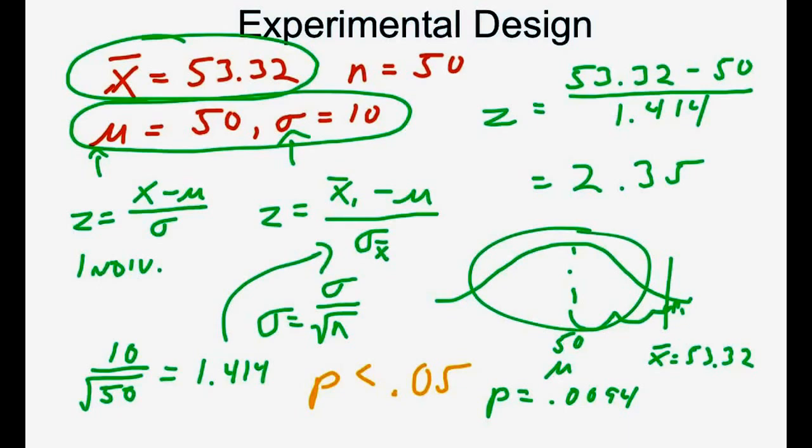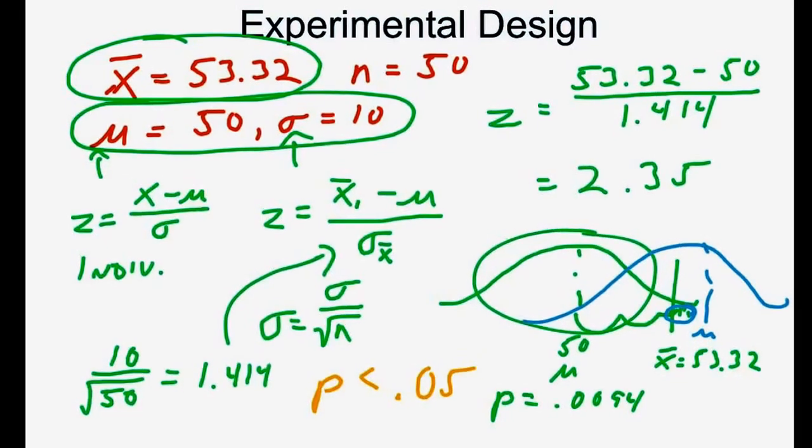It's more likely that there was some other population out here whose mu was much closer to the one that we drew. So in this case, that's pretty rare. That 0.0094 probability tells us that our sample didn't likely come from the population with a mu of 50 and a sigma of 10. It likely came from some other population.